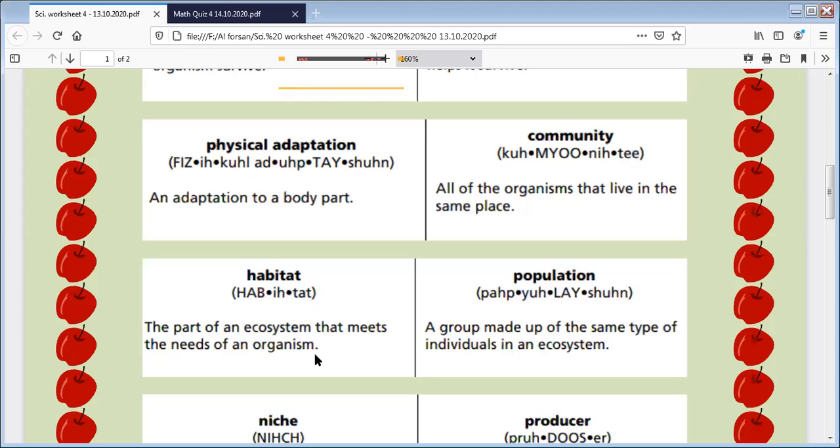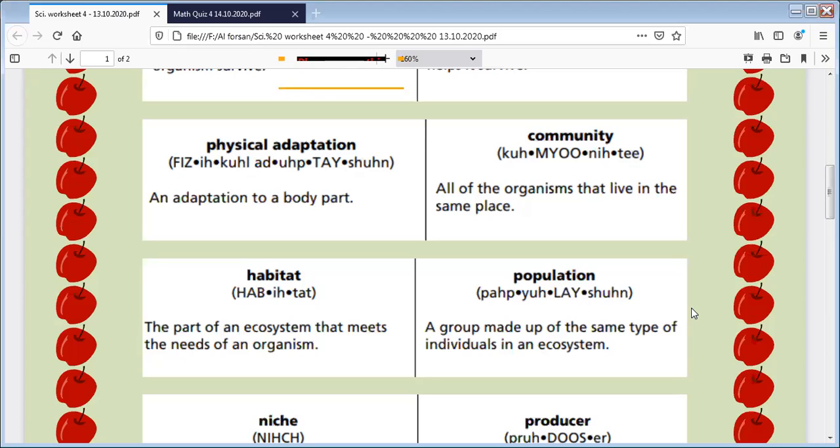Do you know what organism means? Like any animal, any plant, even human. This is called organism. Okay.